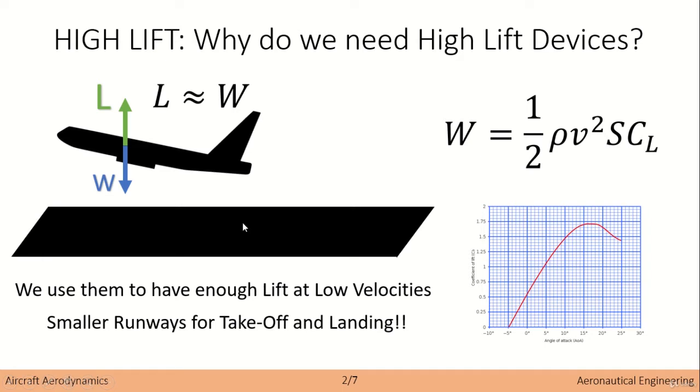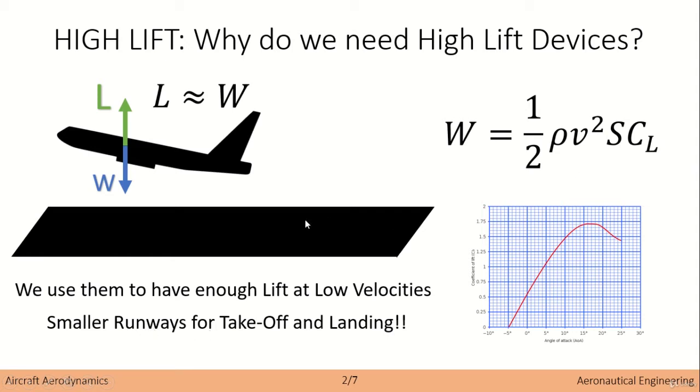Well, if we had very long runways, we would have a long distance in order to accelerate our aircraft. However, just by using a higher coefficient of lift, it means that we can actually lift our aircraft at a certainly a bit smaller velocity, and that's the idea. And if we can take off at a bit lower velocity, it means that we need smaller runways.